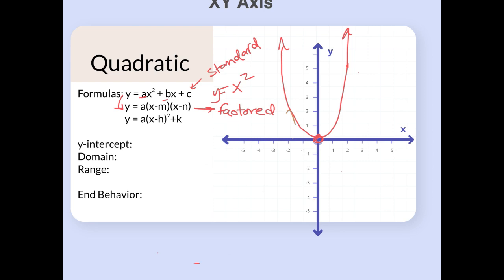And so when we're moving on to the last formula, which is the vertex form, now the vertex form is really useful because it actually gives us our vertex. So you'll notice that with a lot of other functions going on from here, you're going to see h and k. The h and k are stand-ins for your x and y.